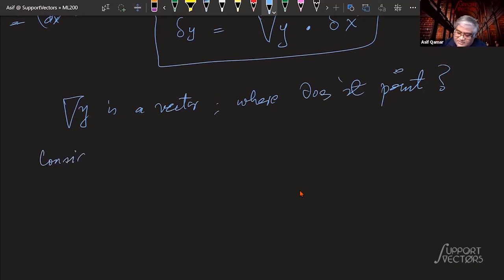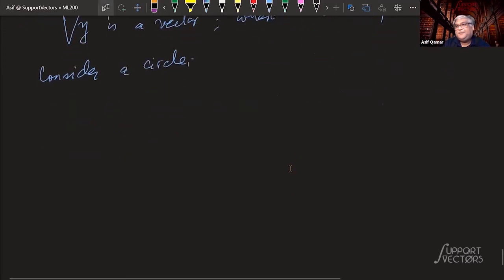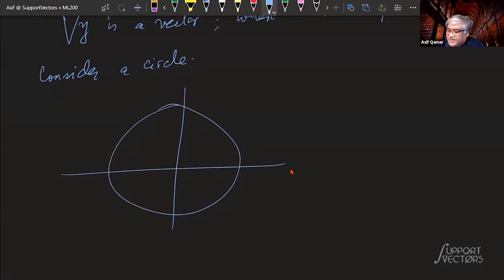Consider a circle. Let's take an arbitrary point. This point P is (x, y). From the origin, the line that connects to this is the P vector. Now, what is the equation of this function?